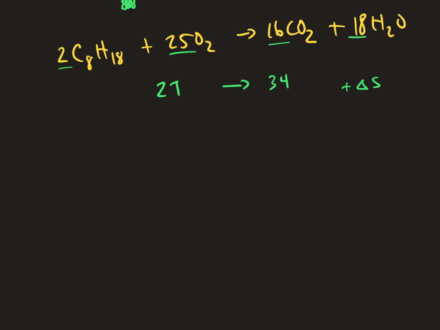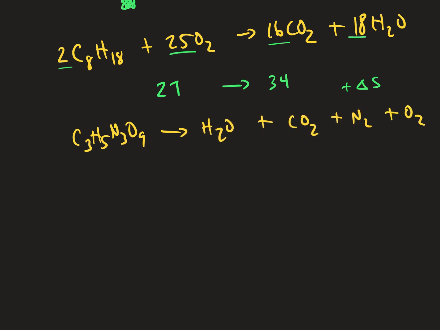So we got C3H5N3O9 breaks down into water plus carbon dioxide plus nitrogen plus oxygen. Okay, what's our first step? We have to determine if this is increasing disorder or decreasing disorder. Balance the equation. So this one's kind of a bear.